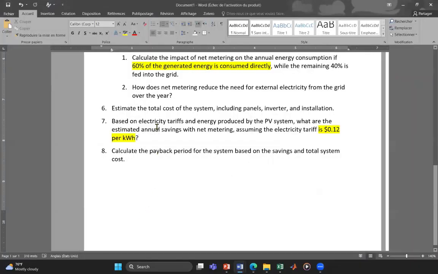So actually we can switch to question number 7. As I said, let's assume that the price of 1 kilowatt hour is $0.12.